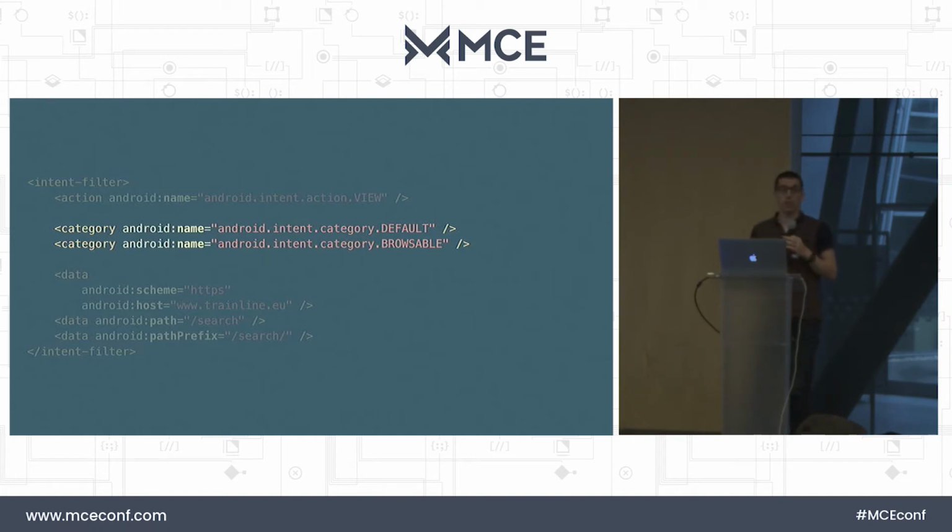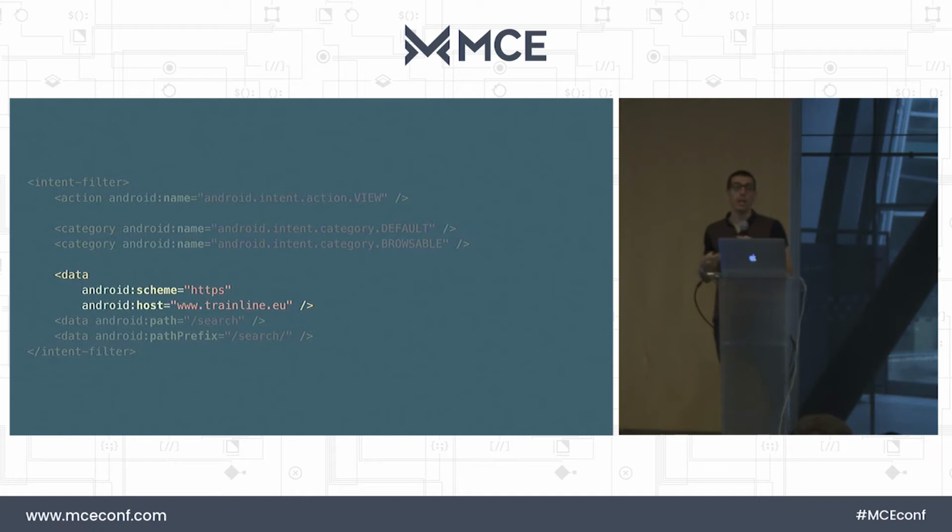Well, let's say you catch, I don't know, google.com/remove my account. You don't want the user to lose his account just by clicking on a link, okay? So just by putting this, you inform the system that, hey, it's safe to click on this link and to open this link directly, because I won't be doing anything damaging to the user's data or to the application.